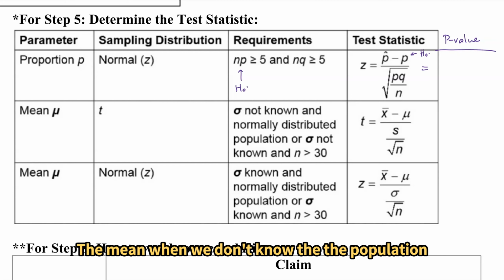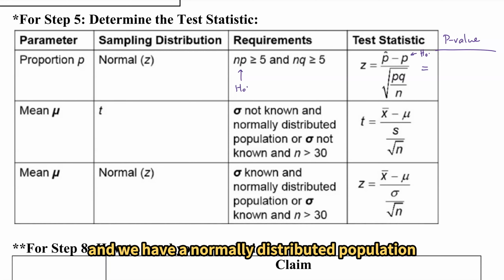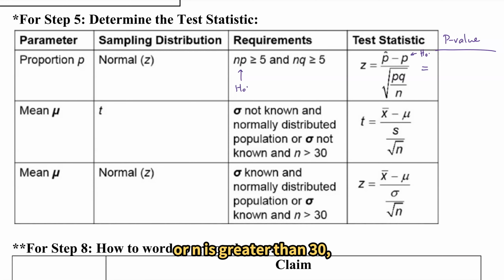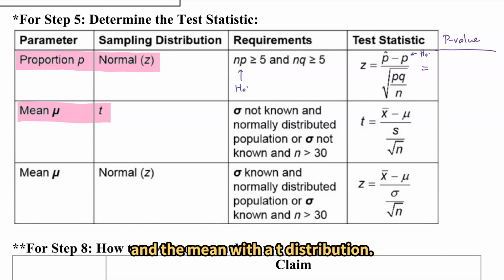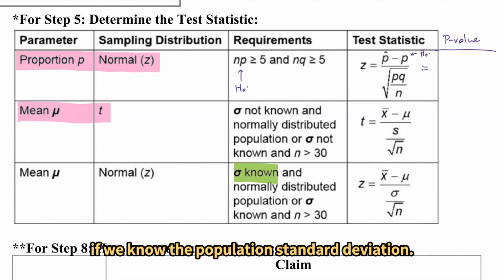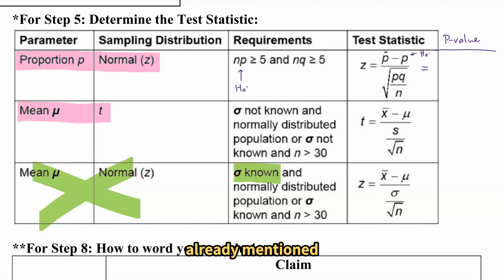The mean, when we don't know the population standard deviation and we have a normally distributed population, or n is greater than 30, we can get a test statistic there. So we will primarily be using the proportion and the mean with the t-distribution. We have a statistical test for the mean using the normal if we know the population standard deviation, but we are not going to focus on that one for the same reasons already mentioned.